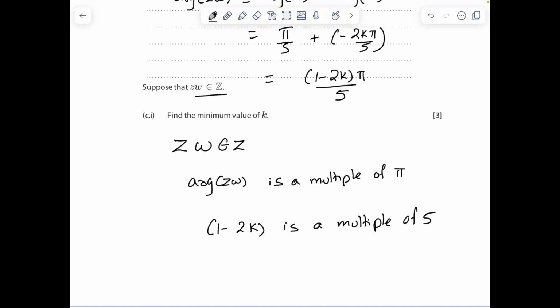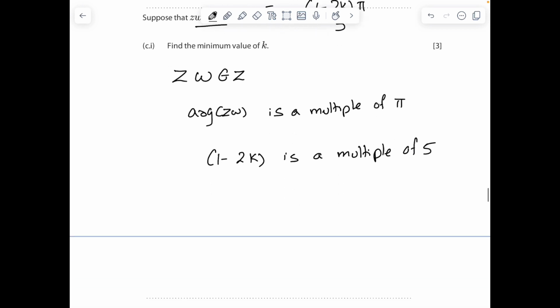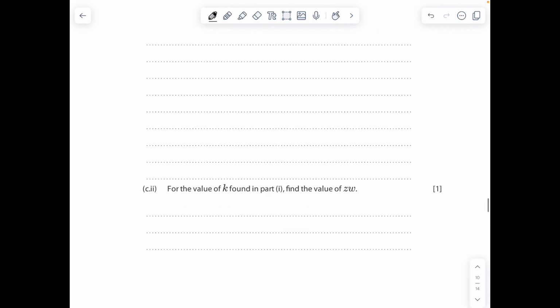There should be no denominator, so 5 should be cancelled. So 1 minus 2k should be a multiple of 5. So minimum value of k should be 3. If k is 3, then it will become a multiple of 5. Then it will become 1 minus 6 upon 5 times pi. Then it becomes negative pi. So I don't get a denominator over there.